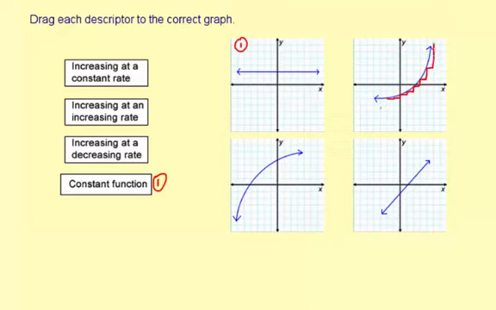You can see what's happening here is gradually as you move from left to right, there's more of an increase as you move from left to right. So it's increasing at an increasing rate because each time you move over, the rate of change goes up more and more. So the increasing rate of change, that's graph number 2, increasing at increasing rate.